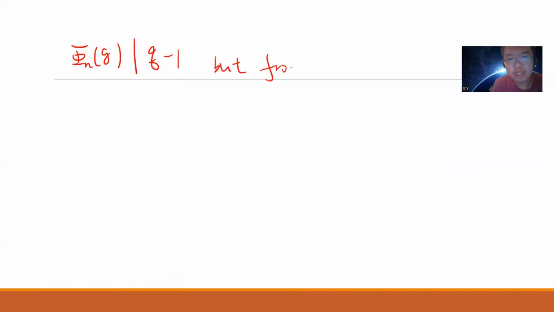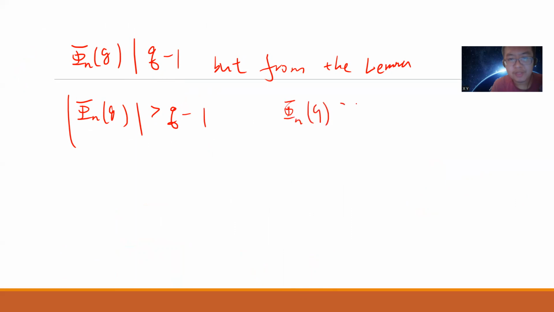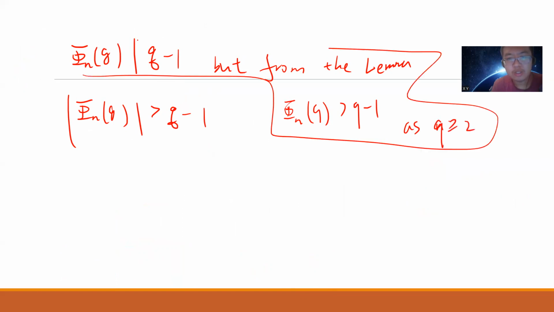But from the previous lemma, we know that this phi N of Q, the absolute value, is greater than Q minus 1, right? Or basically we know that phi N of Q is greater than Q minus 1 as N and Q are greater or equal to 2. So from here, you prove something, right? Oh, sorry, I'm stupid.